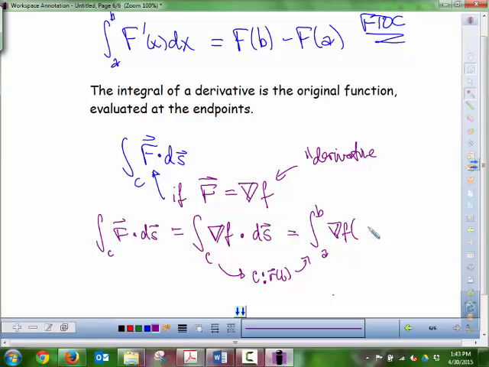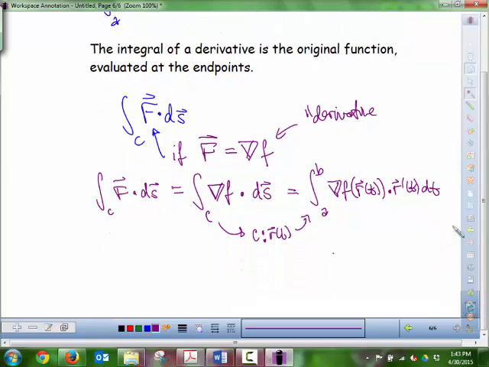It's a vector field with x's and y's in it. So I'll put the r of t in there, the x and y that can be represented by r of t, and then your ds is r prime of t. Okay? Look innocent so far?